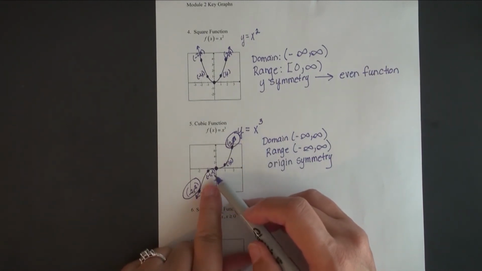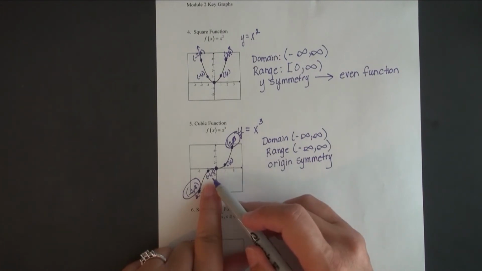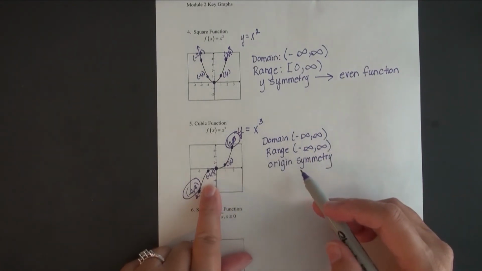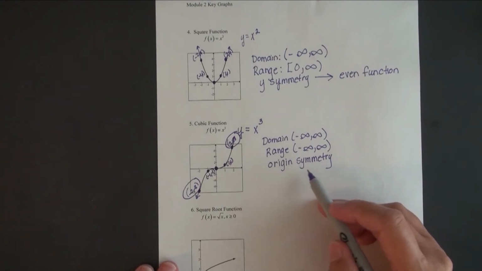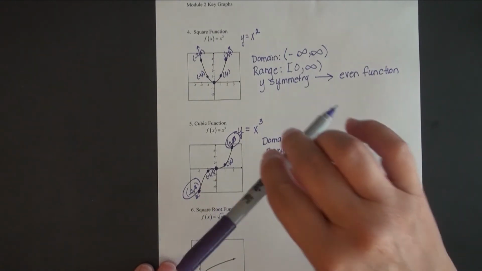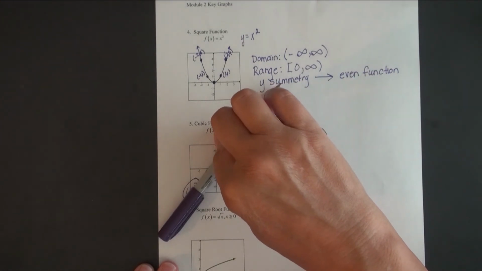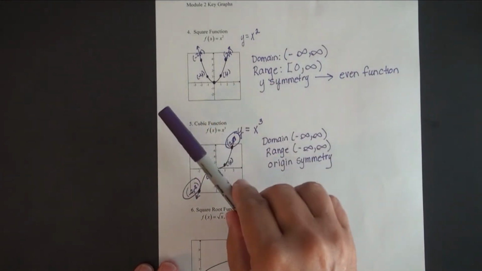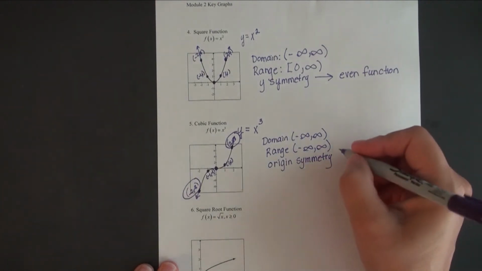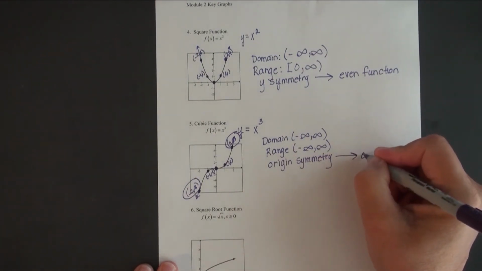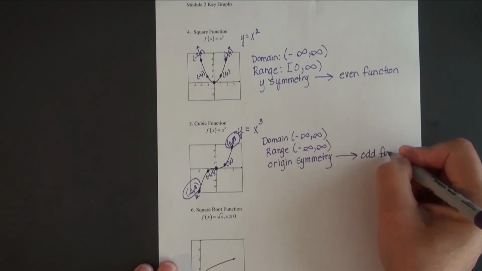Same thing with negative 1, negative 1 and 1, 1, same numbers opposite sign. That tells us that we have origin symmetry. When we have origin symmetry, the points will be in either quadrants 1 and 3 or 2 and 4. If we have origin symmetry, then we have what we call an odd function.